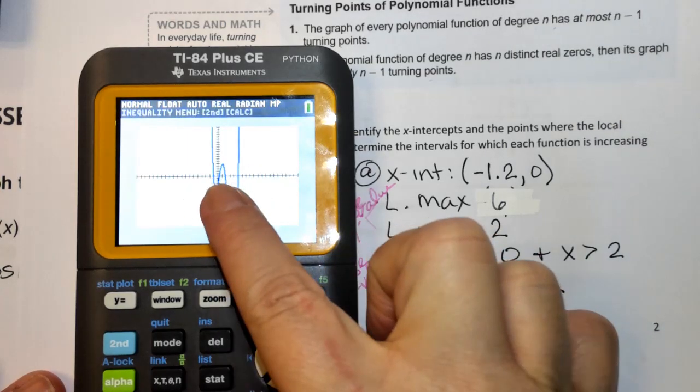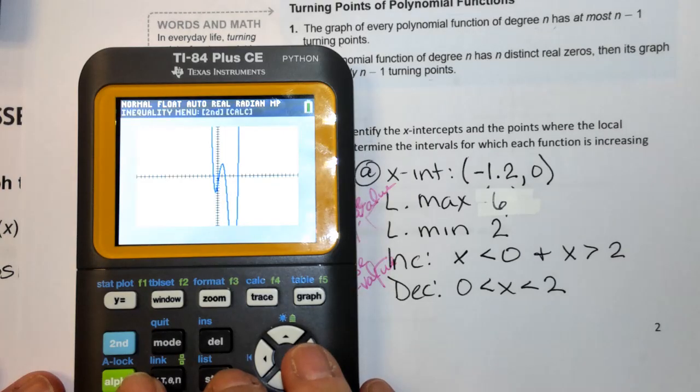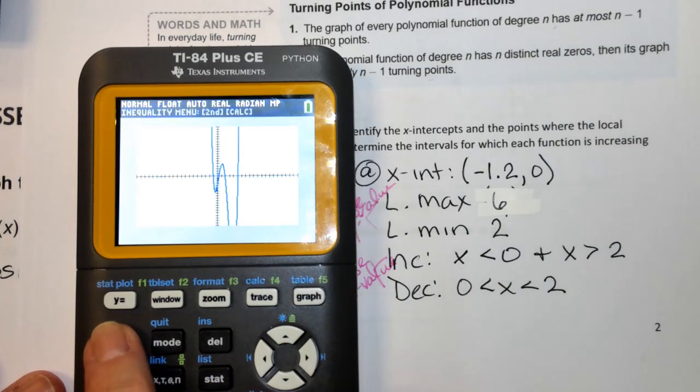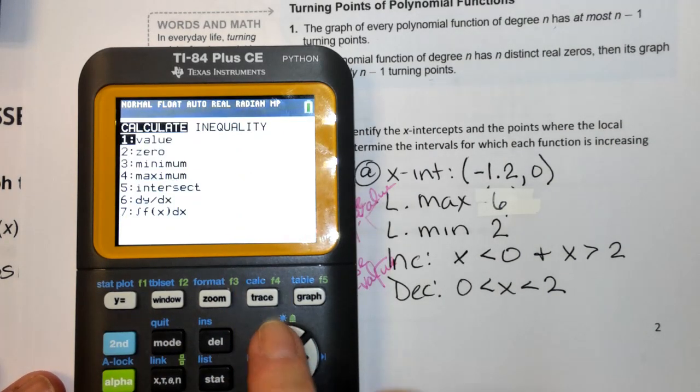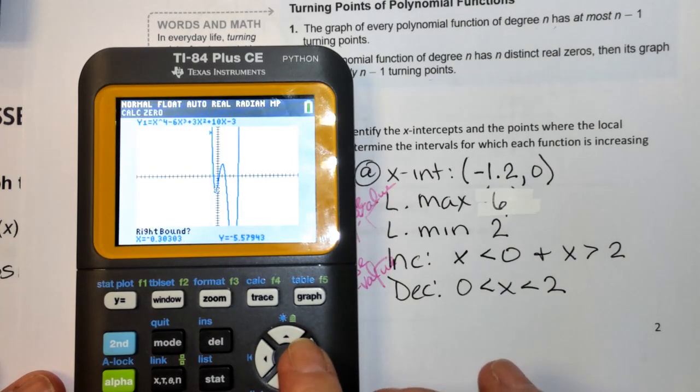We need to know where our x-intercepts are. So we're going to do the blue button. So second, calculate. We want the 0. All right, we want the left bound, so we're going to go to the left point. That looks good, so equal. And then let's go to this point and hit enter, and we want it to guess.